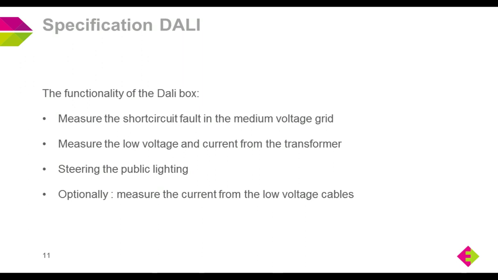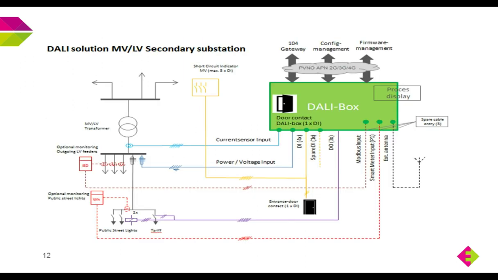Here, for the technical people, you see one scheme of what we measure with the box. Most of the current and power sensors are digital, but we have Modbus optional for measuring from the low voltage cables.